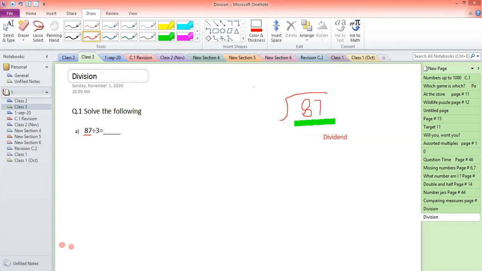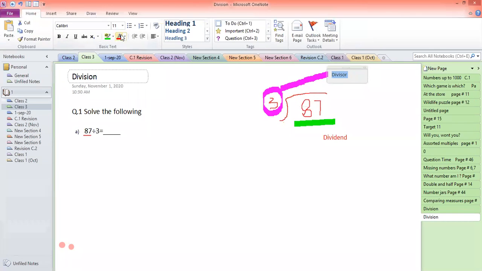You are going to divide 87 by 3, so this 3 will be the divisor.